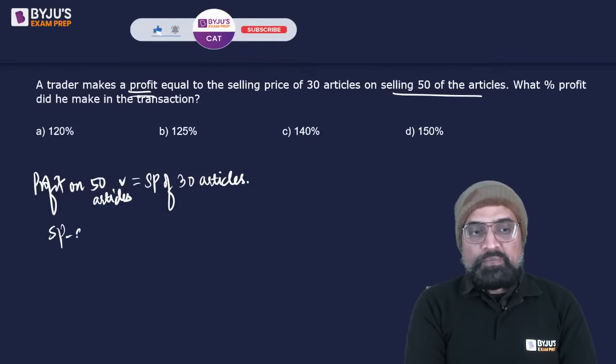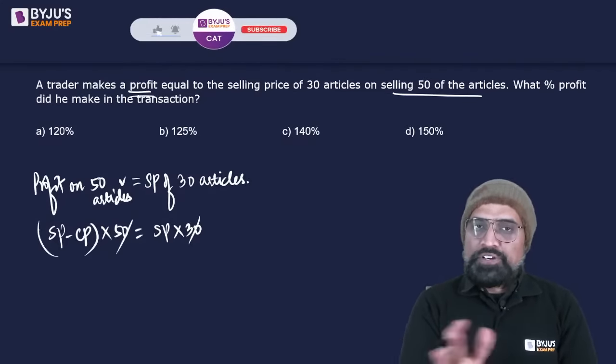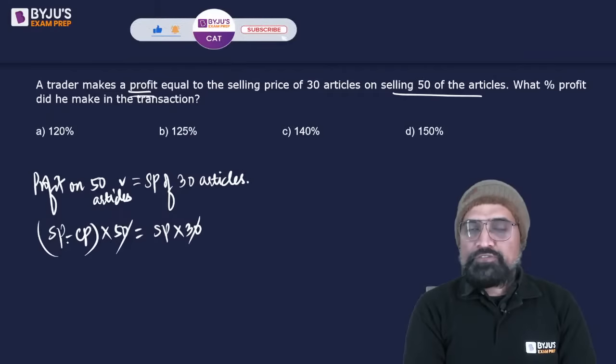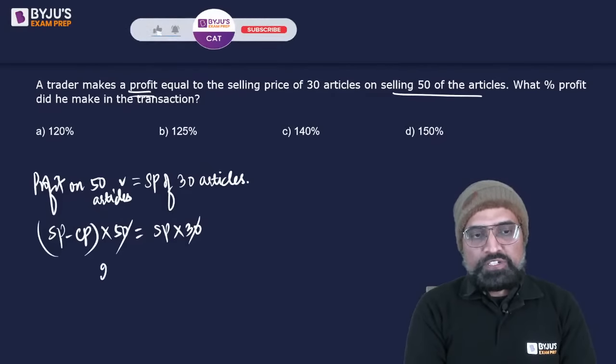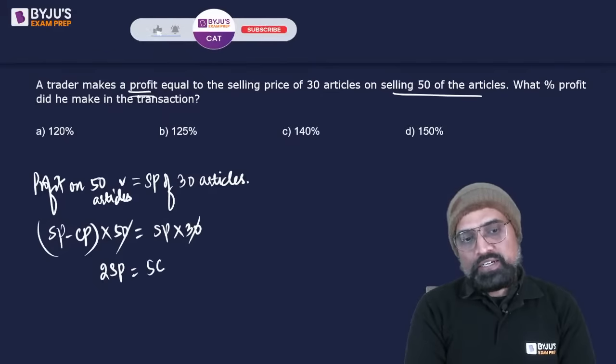Now what is profit? Profit is SP minus CP into 50 articles is equal to selling price of 30 articles. I'll take care of the 0. I will rearrange SP and CP. So I will have 5 SP minus 3 SP, which is 2 times SP. And this is going to be 5 CP on the other side.